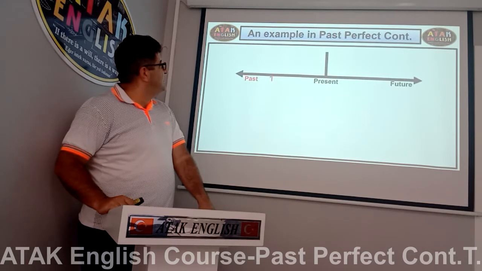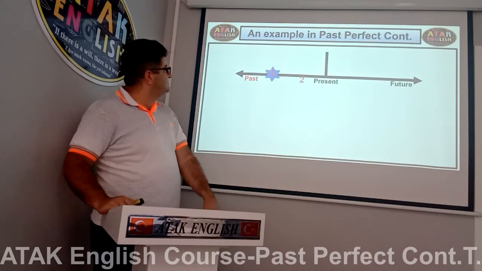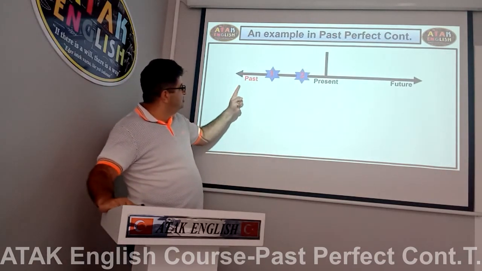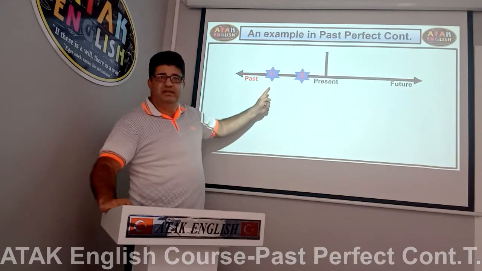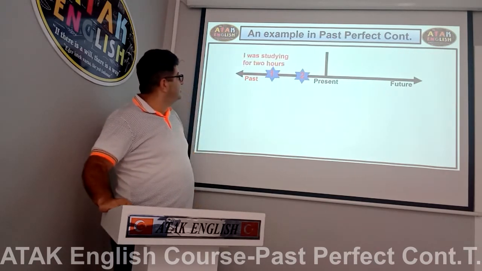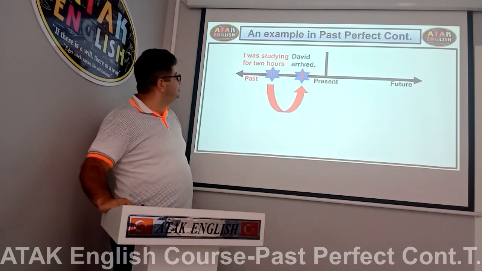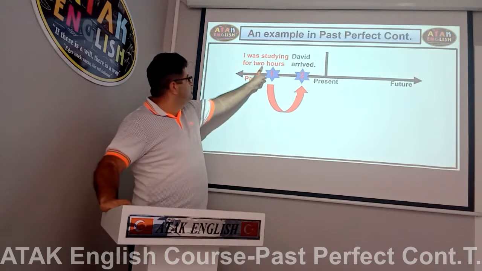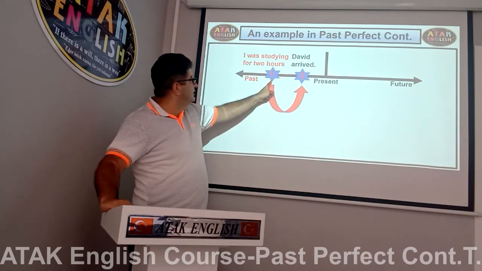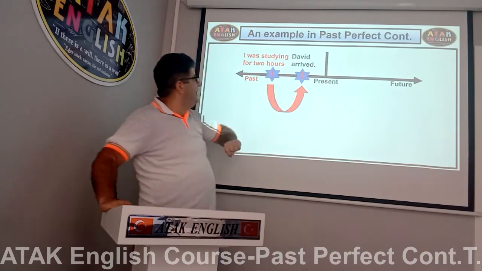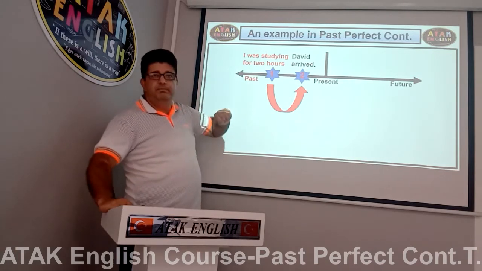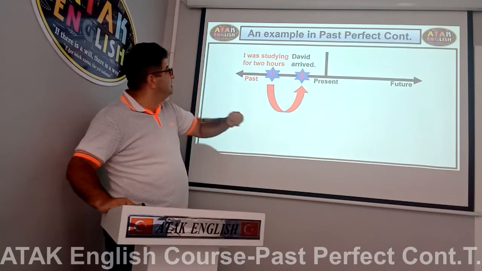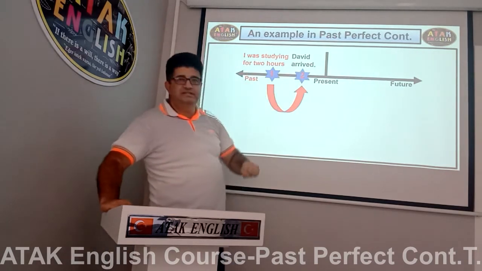Let's see another example in the past perfect continuous. As you can see, as usual, two actions I need for past perfect or past perfect continuous. Here comes the first, here comes the second action. What is the first action? I was studying for 2 hours. Okay? David arrived. Number one is past continuous action. Number two is the past action.